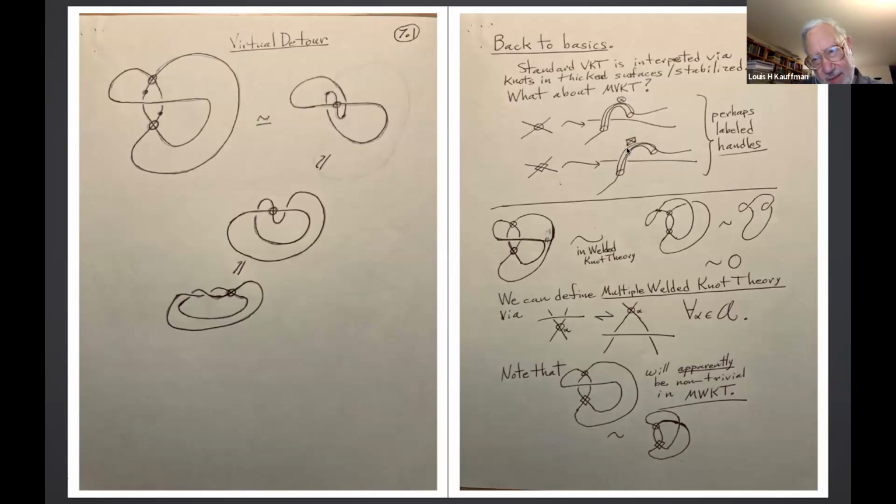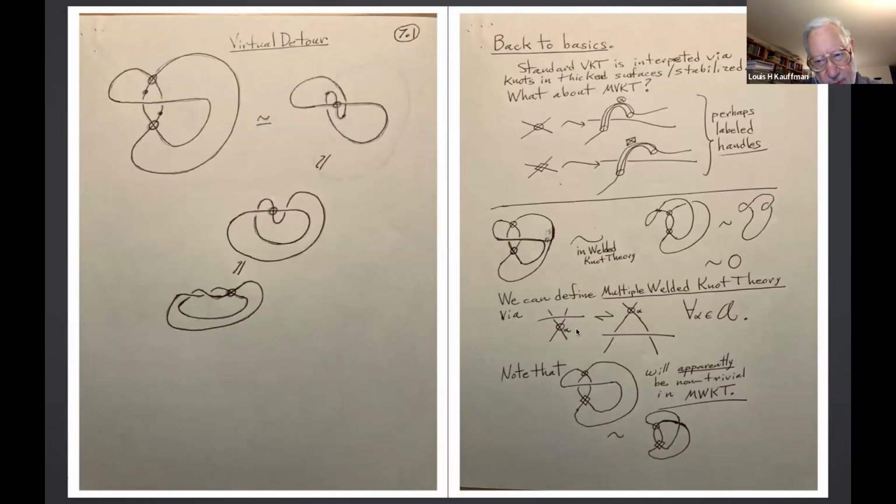I can just think that way, and I'm still thinking about it. There's a paper in preparation here, which I haven't finished writing. In welded knot theory, you can also do the same thing. We can define multiple welded knot theory, where you would have forbidden moves that go across the welded cross, the new virtual crossings.